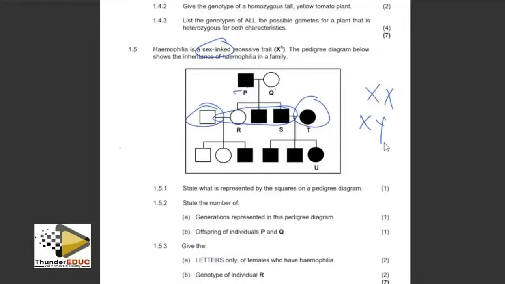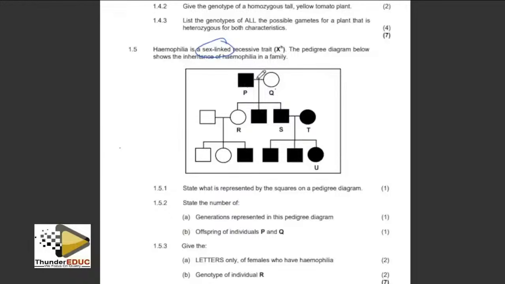You understand? What is the genotype or the phenotype? They can ask you what is the genotype or phenotype of P or Q, whatever they can ask. But if it is shaded, it means that that individual is affected. Now, they're saying state what is represented by a circle.